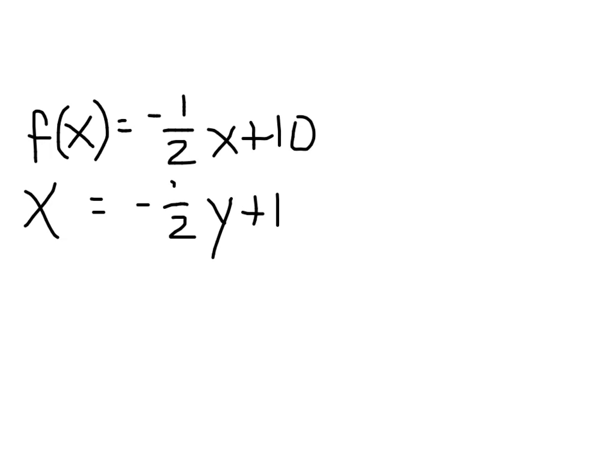For this part, it says, find the inverse, then graph both equations. How do you find the inverse? Swap x and y. Then what? Solve for y. How do I do that?